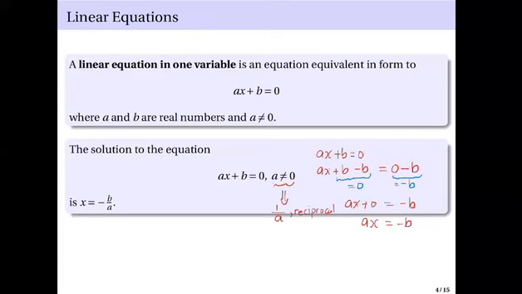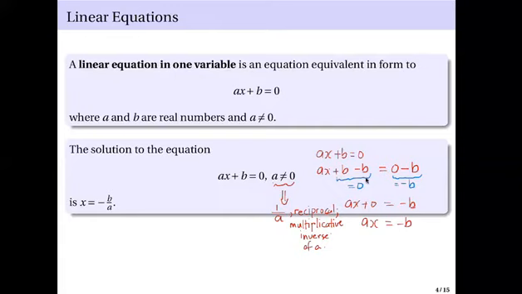But more formally, this is known as the multiplicative inverse of a, or simply the inverse of a.